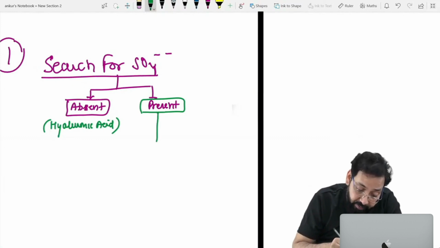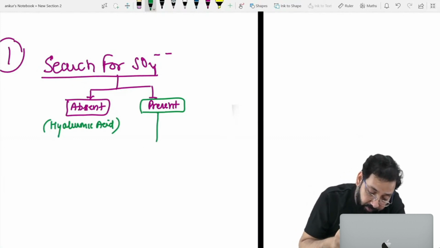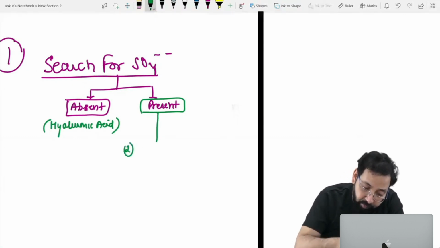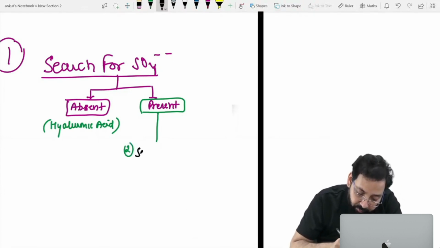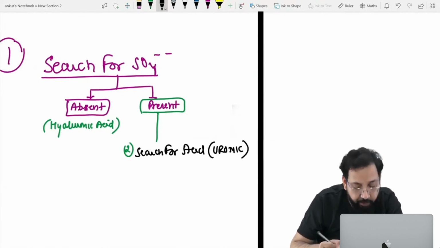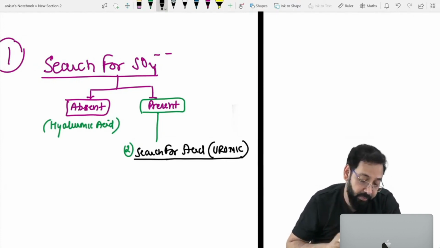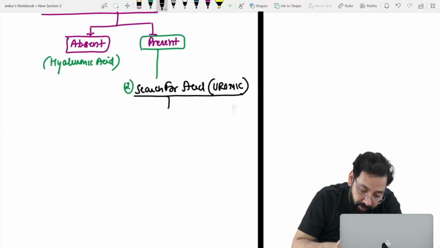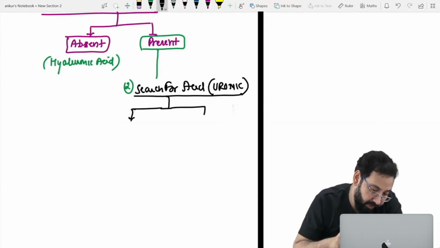If present, the second thing you will search for is uronic acid. Again, 2 conditions may be there: it may be absent or it may be present.